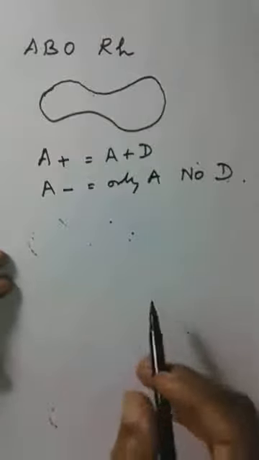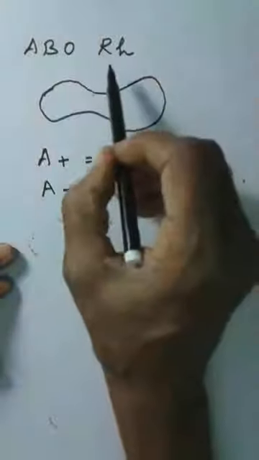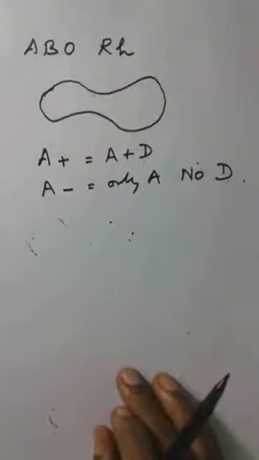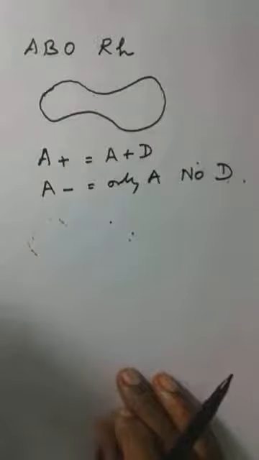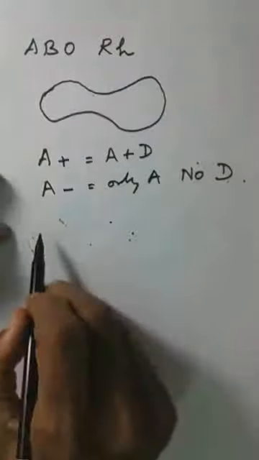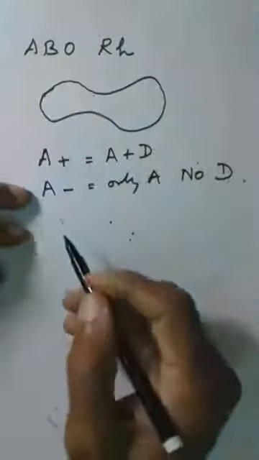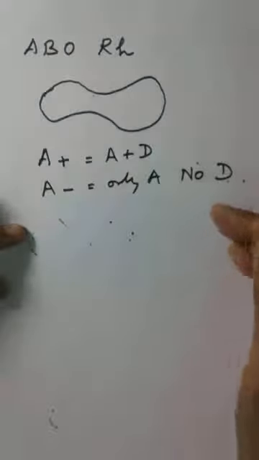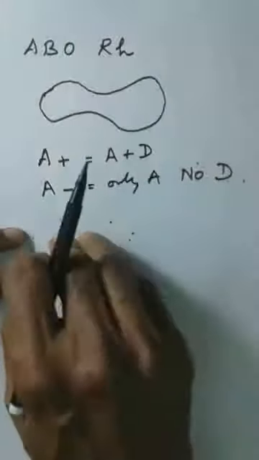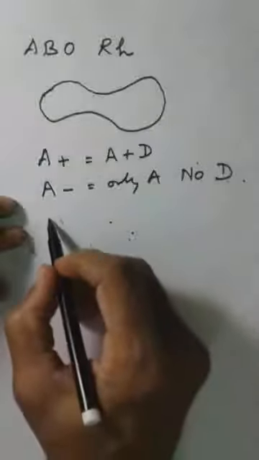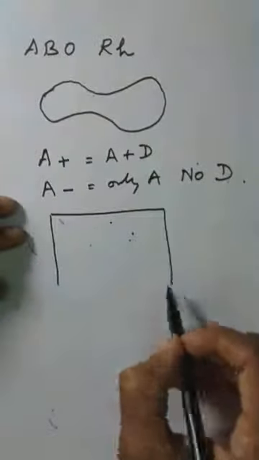Now this RHD has a property. Suppose there is no D in your RBC, and another group blood with RHD comes to this person, then what will happen? I will explain it now.